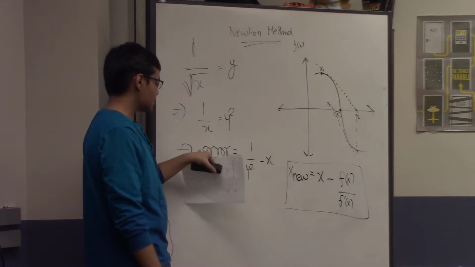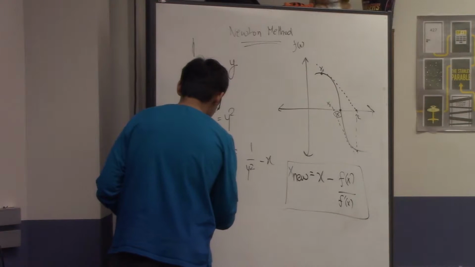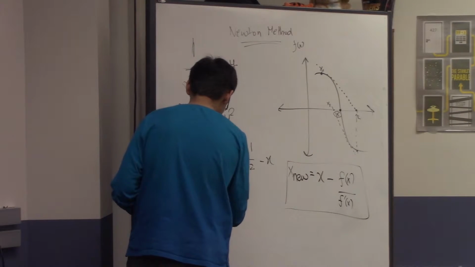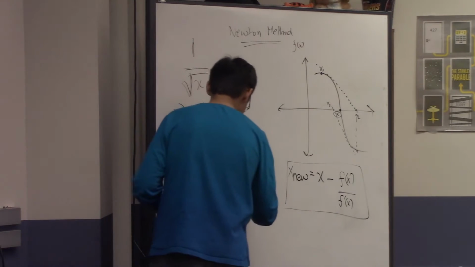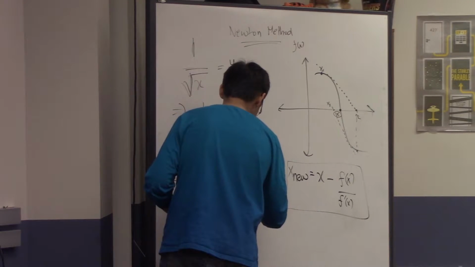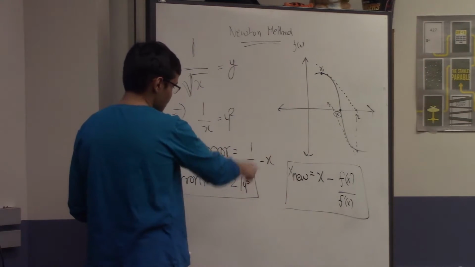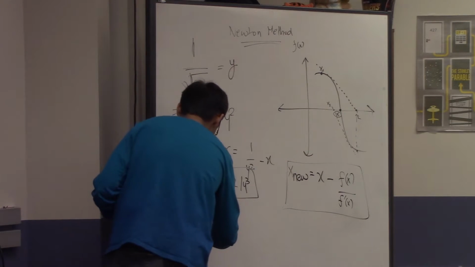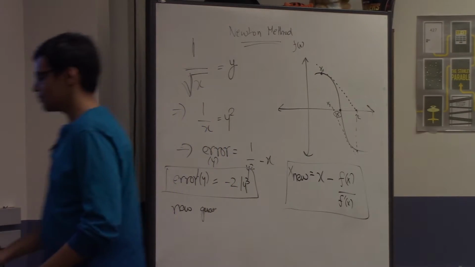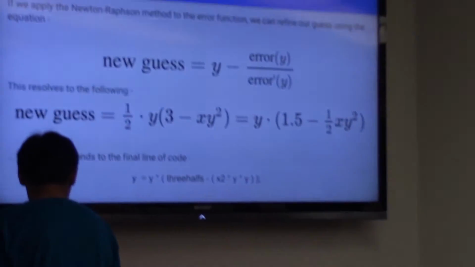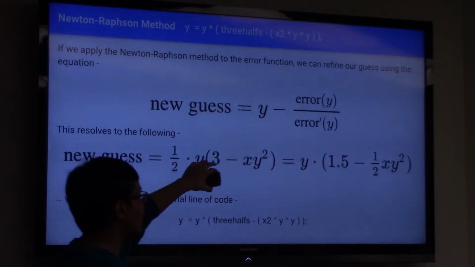Now instead of f of x, my function is error of y, so we can just compute the derivative. I'm going to skip some computation here, and I'm just going to say the derivative of the error is equal to minus 2 over y cubed. And then if we plug these into that equation, we get a new guess: y minus error of y over error prime of y.